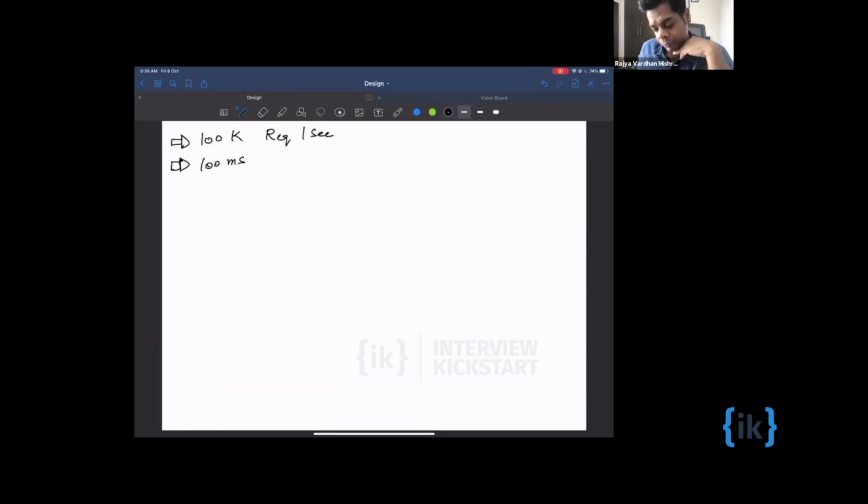Okay. So now you say, I have this number, 100,000 requests per second. I know that one API call is taking 100 milliseconds. Now I need to identify how many servers will be needed to serve 100,000 requests per second, right?